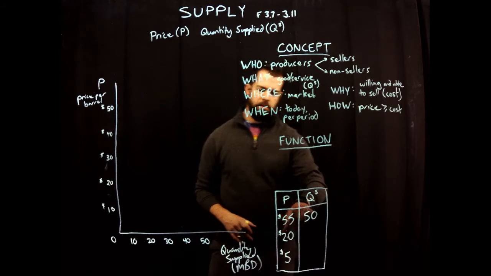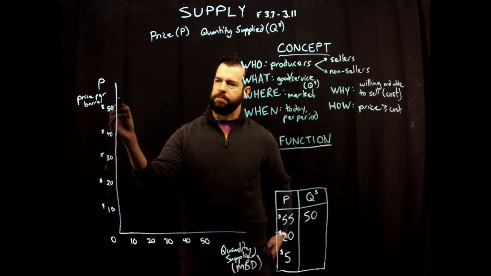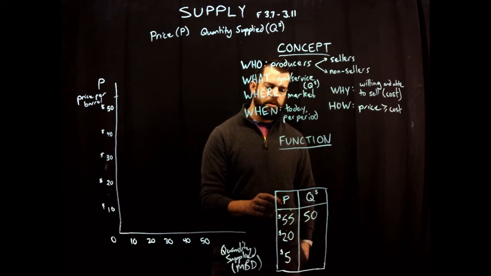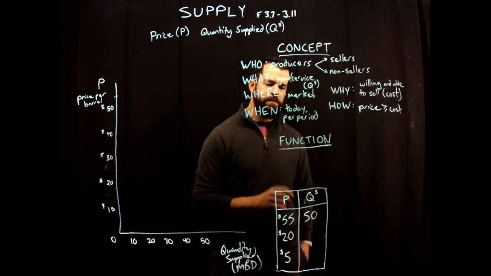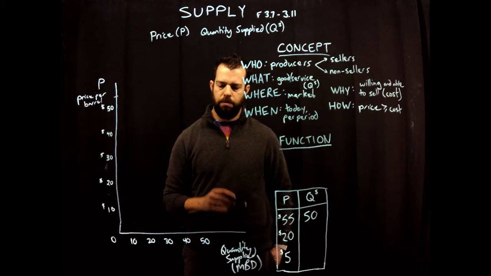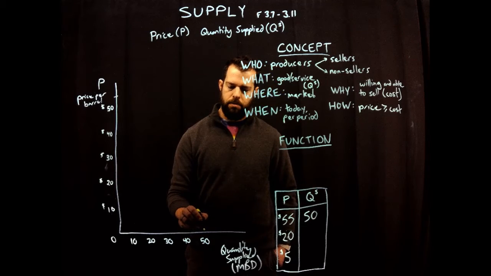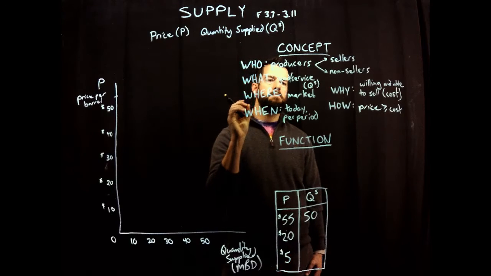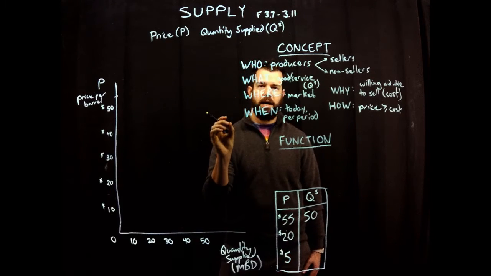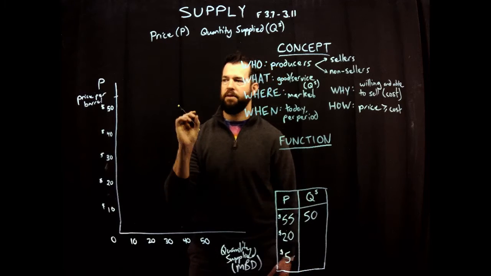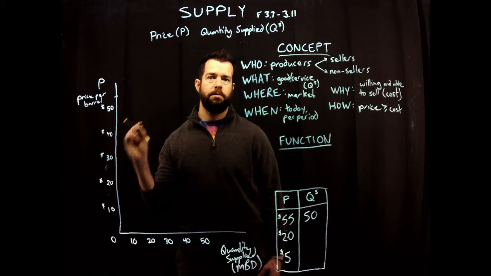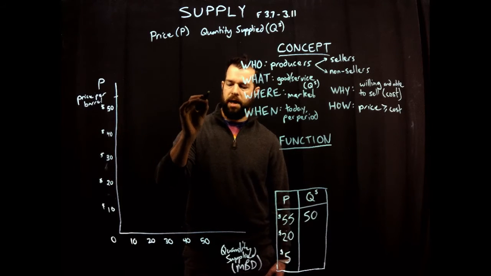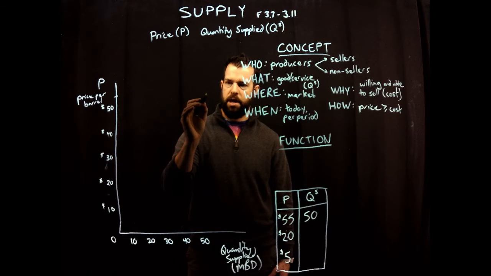When the price is high at $55, they're willing and able to sell up to 50 million barrels of oil per day, because that 50 millionth barrel produced that day is going to have a cost of exactly $55 for that barrel.